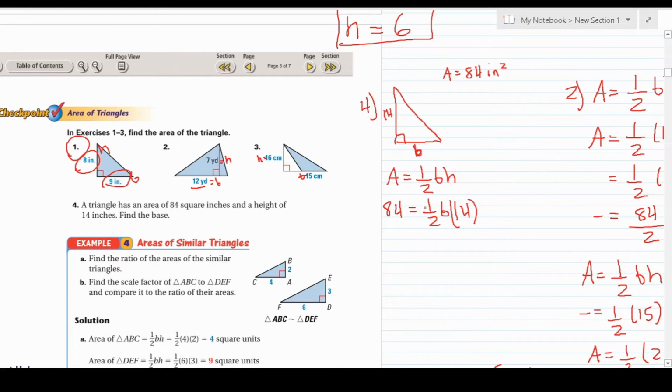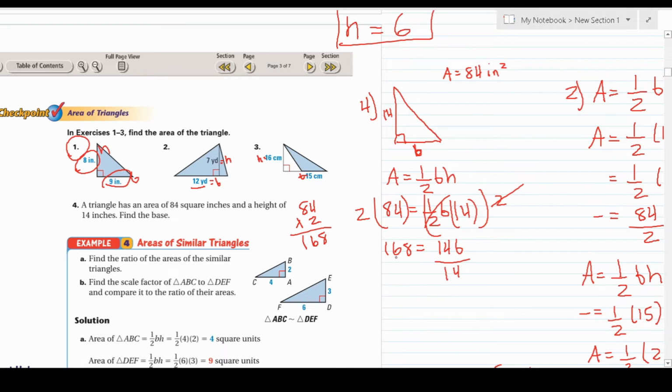To start, I'm going to get rid of this 1/2 by multiplying both sides by 2. This is going to cross out, leaving me with 14b on this side, and 84 times 2 is 4 times 2 is 8. 8 times 2 is 16. So this is 168 equals 14b.